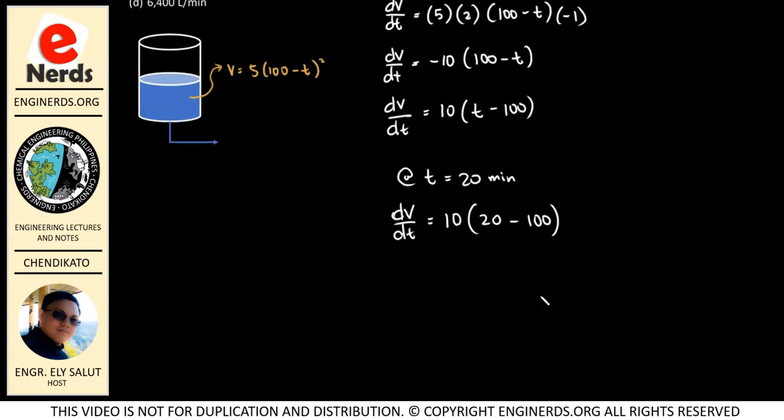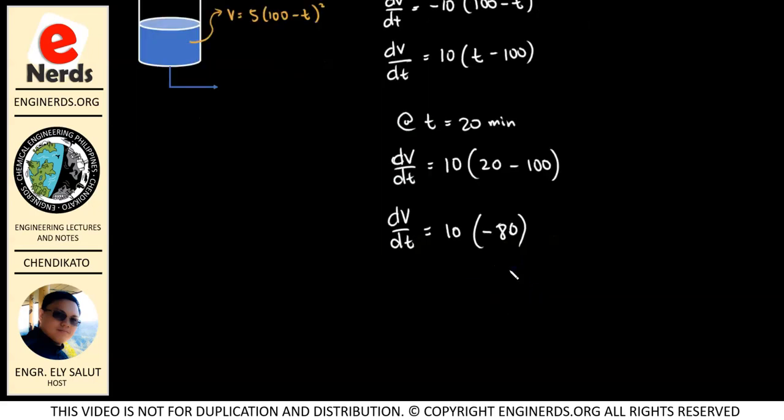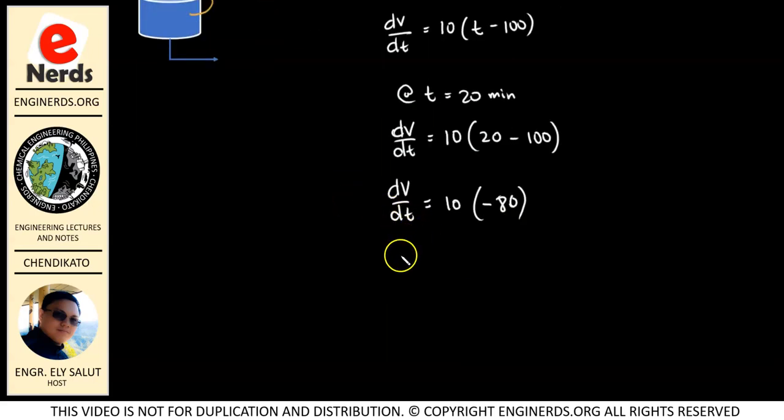Okay, so therefore our dV over dt is equal to 10 times 20 minus 100 will be negative 80. Okay, so therefore we will have here dV over dt, which is equal to negative 800 liters per minute.